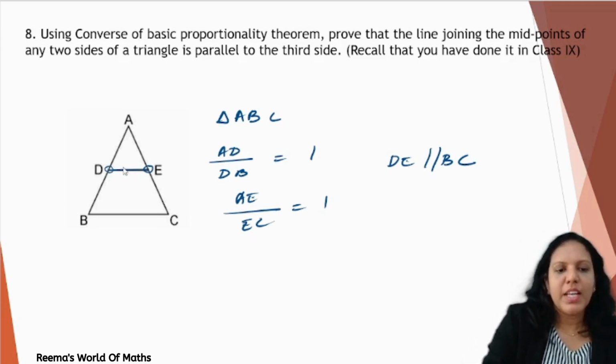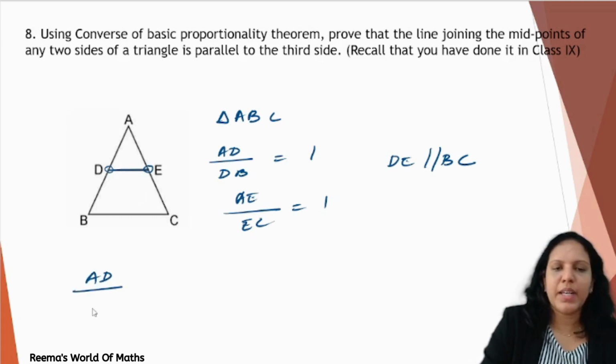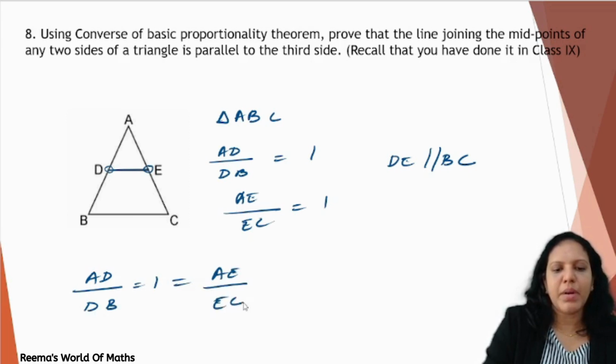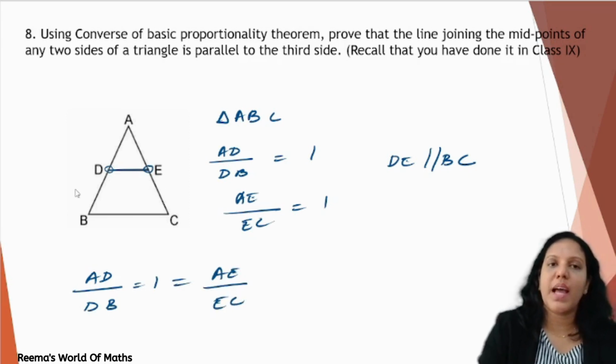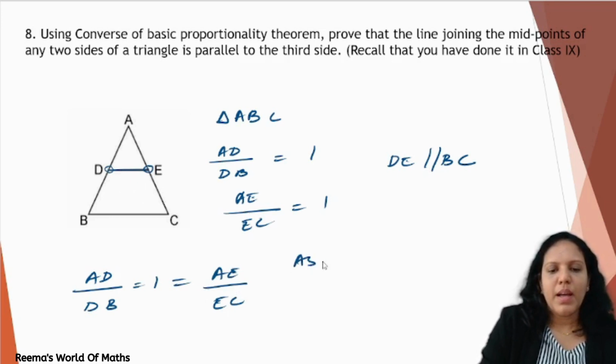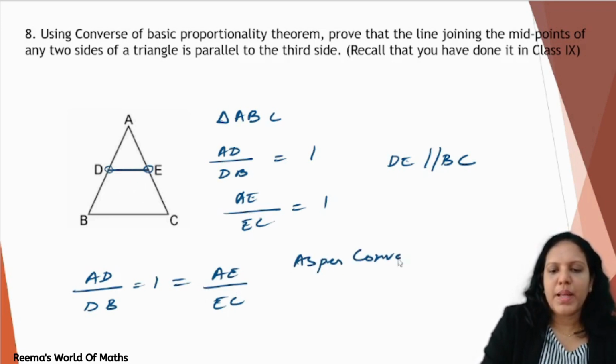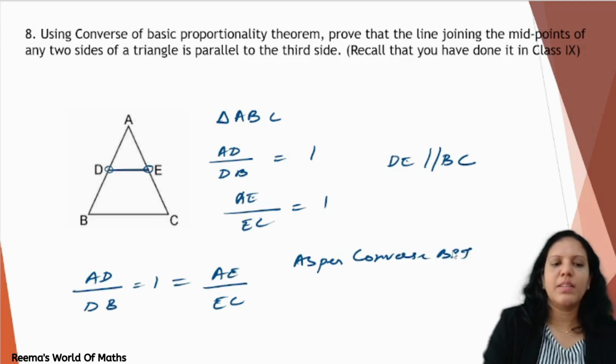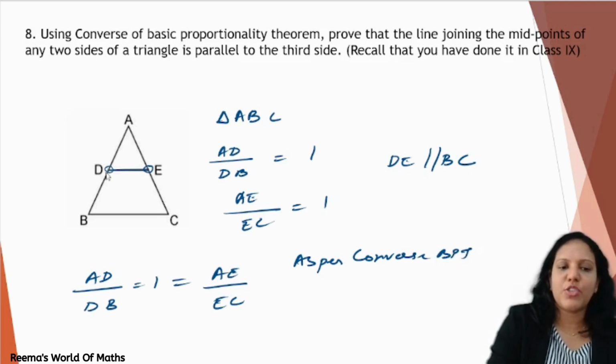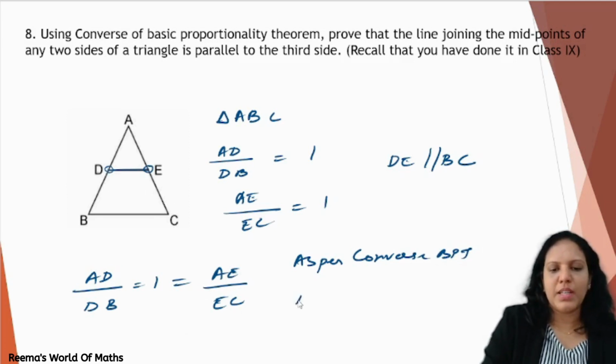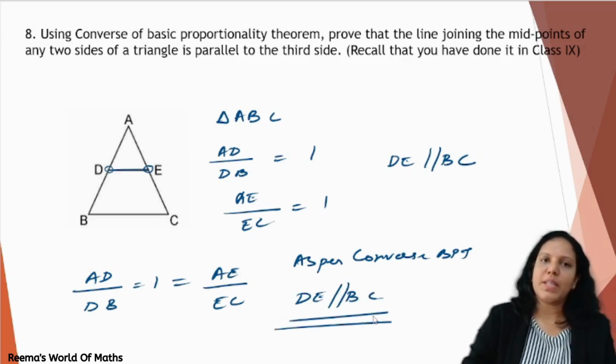We have proved that AD by DB is equal to 1, which is equal to AE by EC, which is also 1. So as per the converse basic proportionality theorem, these two sides are divided in equal ratio. So DE is parallel to BC. We have proved that DE is parallel to BC.